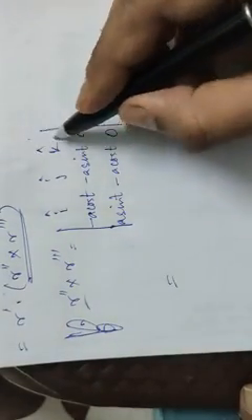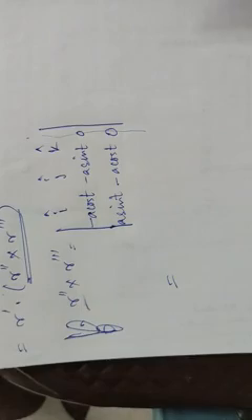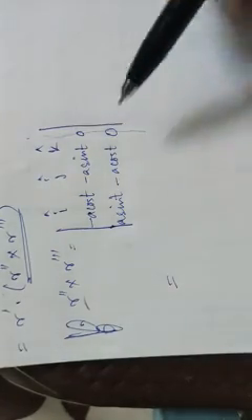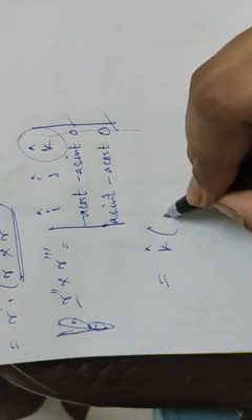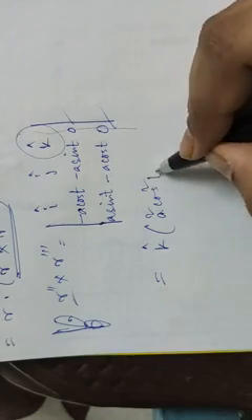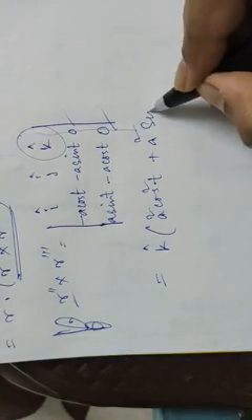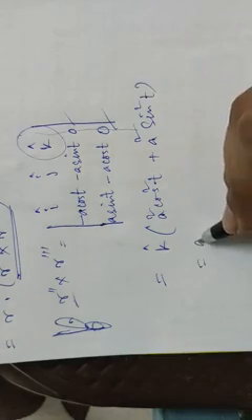I am expanding it with respect to the third column, because two components of this third column are 0. This and this are 0, so there will be only one value, that is k cap into (a² cos² t plus a² sin² t). So it will be a² k cap.